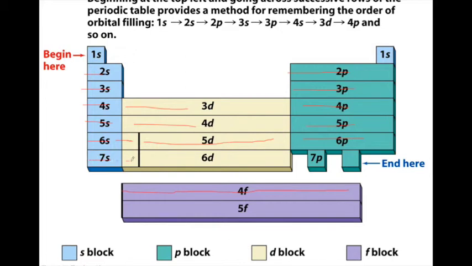We put 1 electron here in the 6d, and then we drop down to the 5f. So the elements down here, the actinides, are filling up the 5f orbitals, and then they go up to 6d and finally 7p.